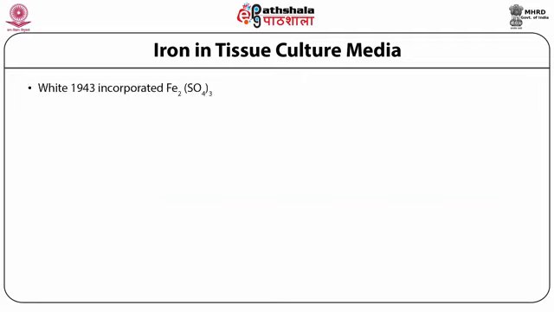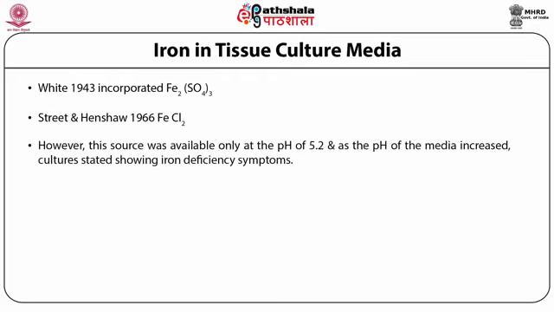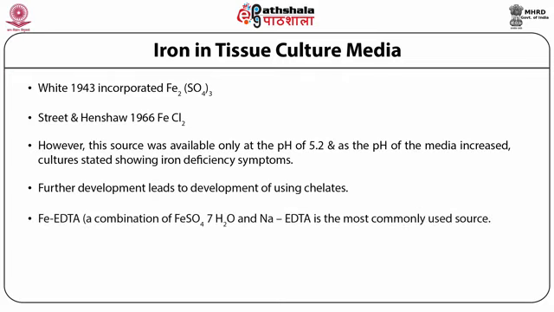White was the first to incorporate in 1943 ferrous sulfate in his media, and thereafter Street and Henshaw introduced ferric chloride, and then it was found that these compounds are not very stable, and as the media pH changed, they became non-available to the growing tissue and the deficiency symptoms start appearing. And thereafter, the further development was more towards developing iron chelate, ferric EDTA, a combination of ferrous sulfate and sodium EDTA, which is the most commonly used source in tissue culture media. In fact, in MS, Murashige and Skoog's media, FeEDTA is used.